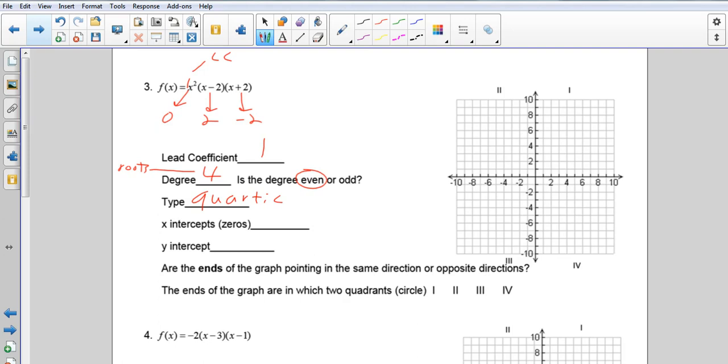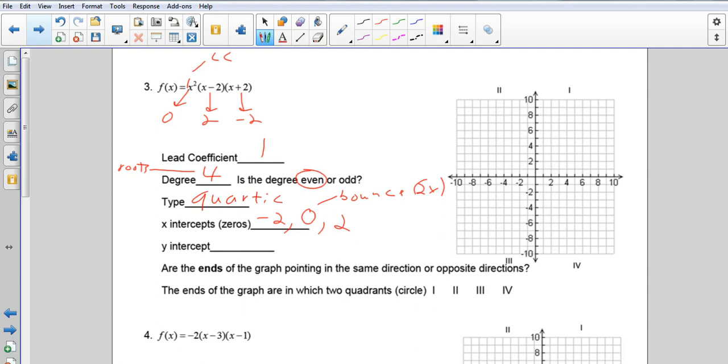Okay? Well, our negative 2 is obviously once. The 0 is the one that counts as twice, because it's going to bounce, kind of like a ball bouncing, and the x-axis is either the floor or the ceiling, depending on where it's coming from. So it bounces like a ball. So that's actually our double one. And then positive 2.